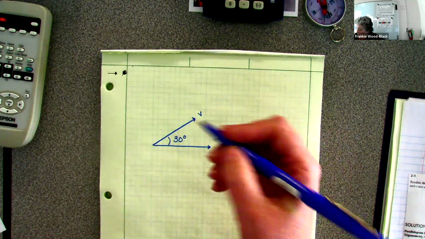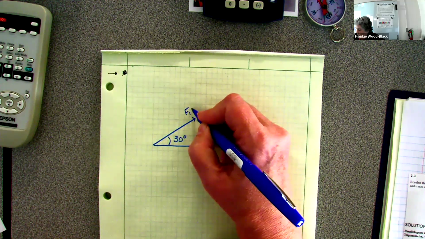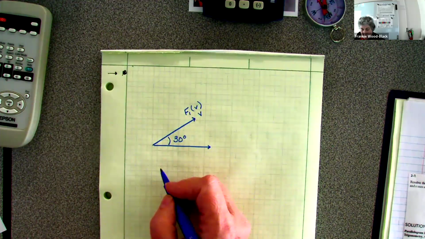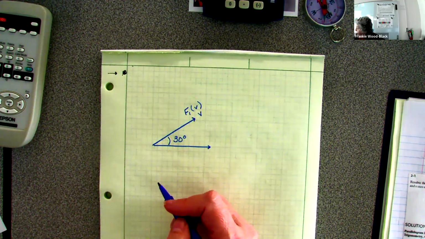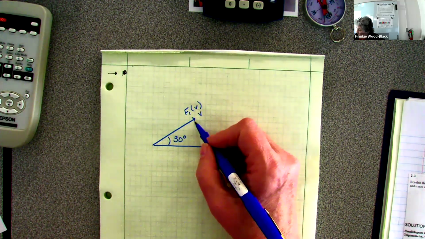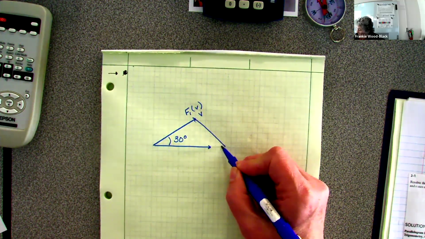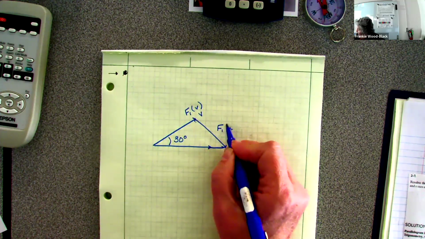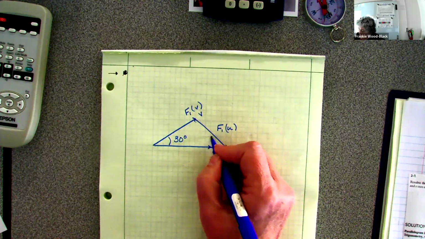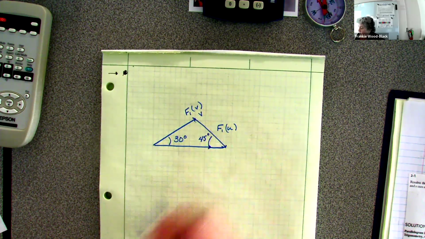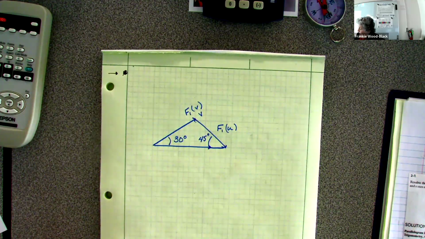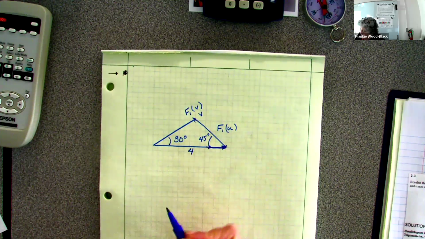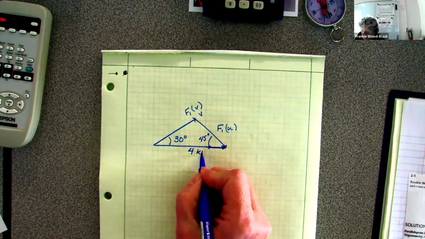And this is going to be my F1V vector, and then my F1U vector. And that one is going to be 45 degrees. And this is my F1 vector. This is what we've got on its components, and this is my 4 kilonewtons.